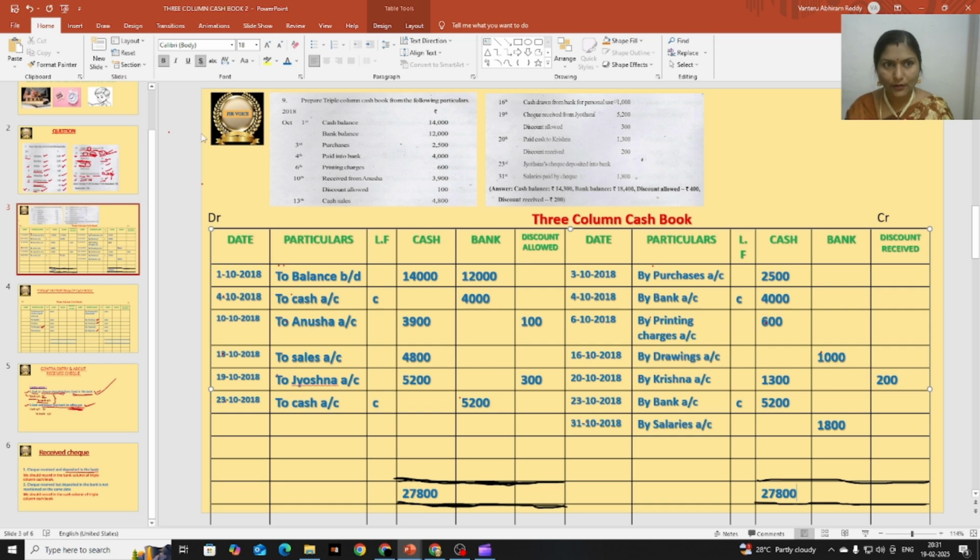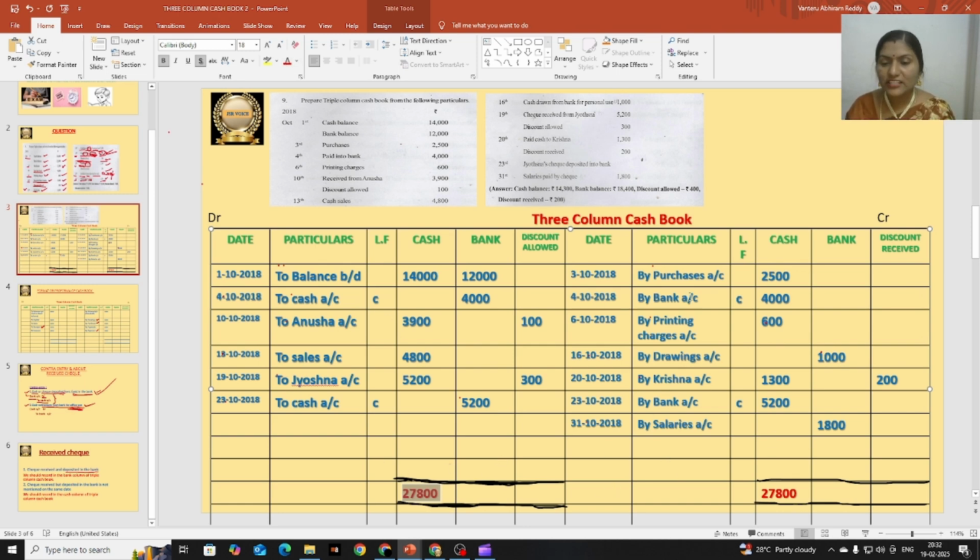Let us record the more amount. Why should we write the more amount? While balancing, the more amount should be recorded in totals, and we should record the remaining balance on the less amount side.